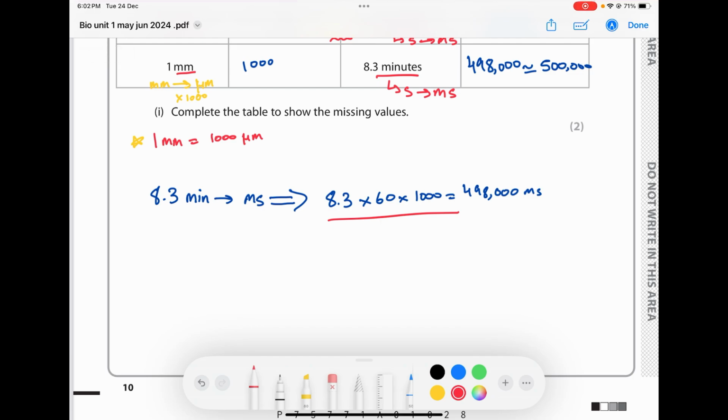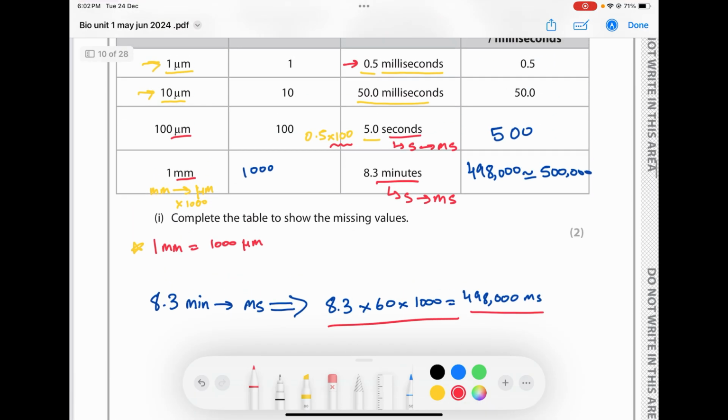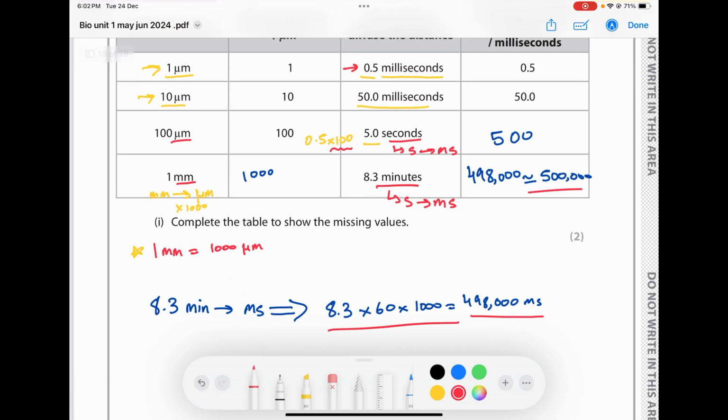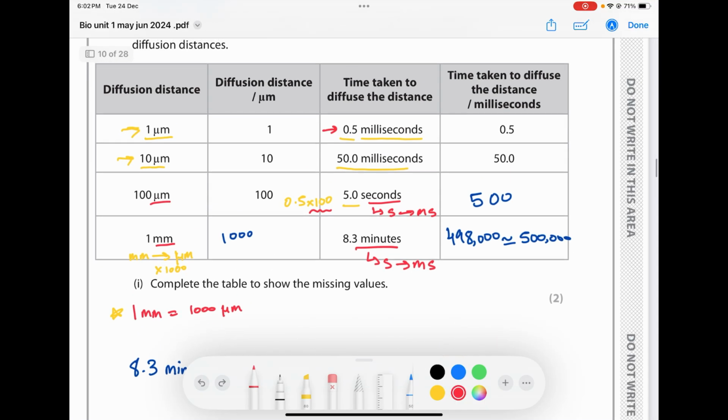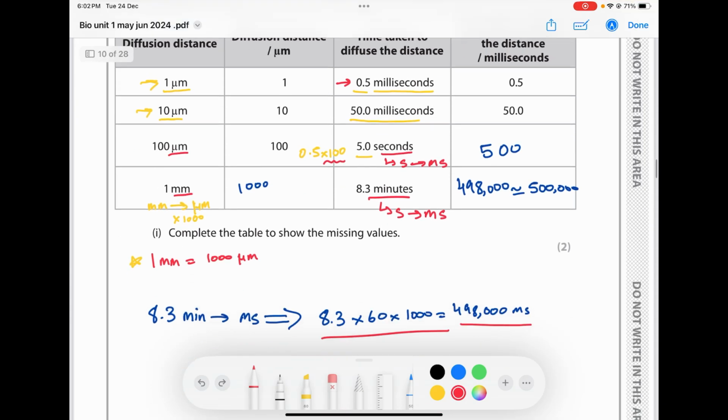We have to multiply by 60 and then multiply by 1,000. If we do 8.3 times 60 times 1,000, that gives us 490,000 milliseconds, which is approximately 500,000 milliseconds. So that right there is the answer to part C.